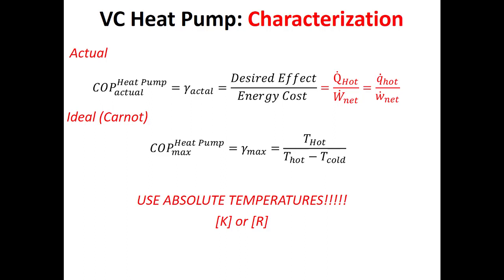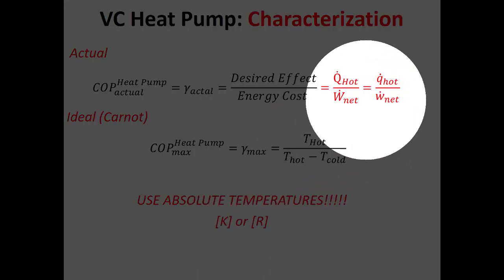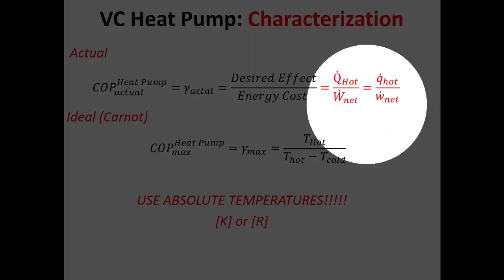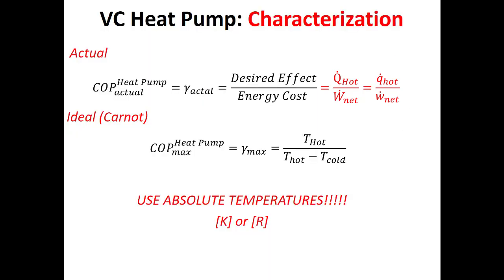If I want to characterize the system, I'll still take the energy benefit divided by the energy cost. The energy benefit here is the heat transfer out from the hot side. That's the heat transfer from my condenser, divided by the net power. But remember, the net power is only the compressor power here because it's the only component in my cycle that has a surviving power term.